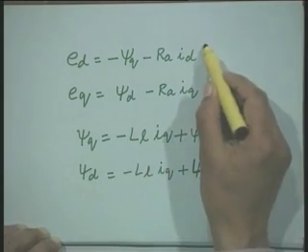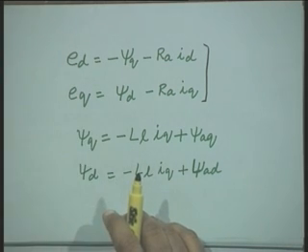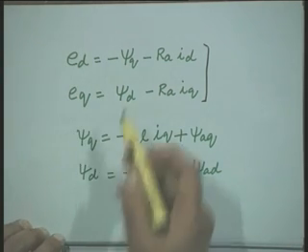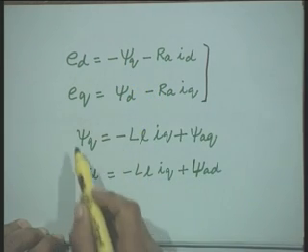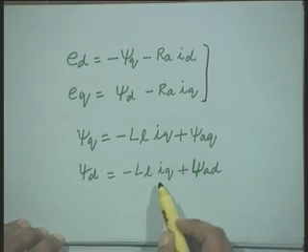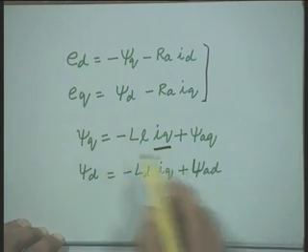These are the algebraic equations, the stator circuit equations, where this psi d and psi q can be written in terms of currents, I q and, there is a little mistake here, I d.